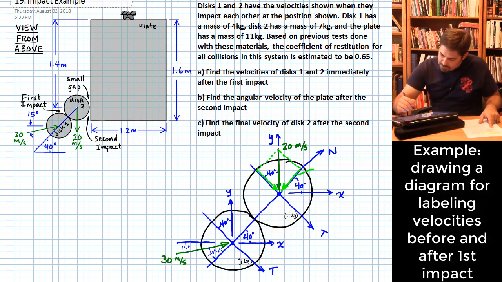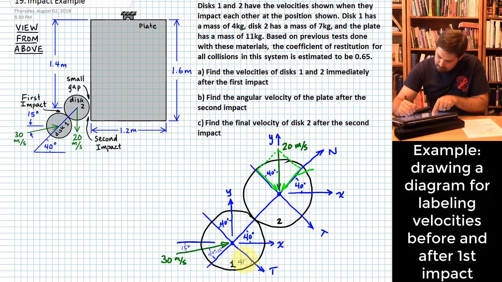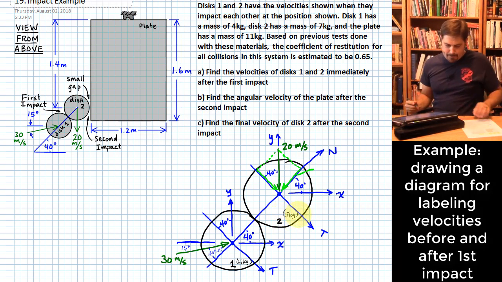Got a couple things mislabeled there. Disc 1 was down here. Disc 2 is right here. So my mass labeling is also incorrect. Let me fix that. 1 was 4 kilograms, and 2 is 7 kilograms. Sorry about that.